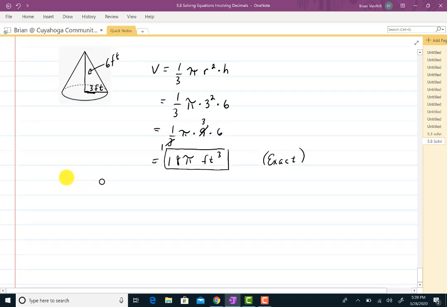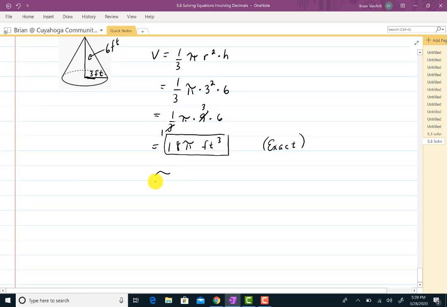And then for an approximation, we'll do 18 times 3.14. And usually now, when you do a multiplication like this, I do find it easier to put the smaller number below, because you'll have less rows that you have to add up. Now the 8 times 4 is 32. Carry the 3. 8 times 1 is 8, plus 3 is 11. Carry the 1. 8 times 3 is 24, then plus 1 is 25.